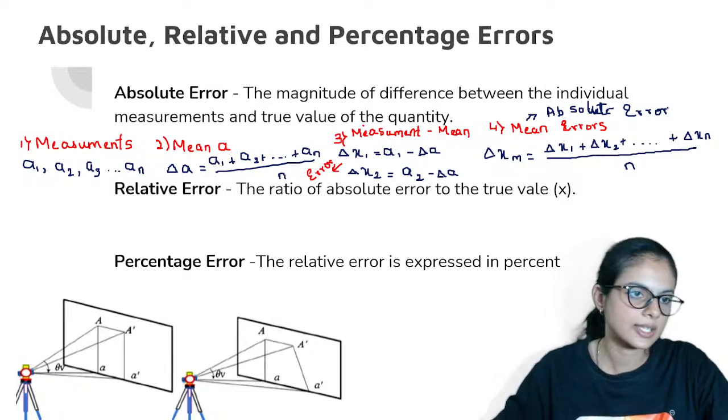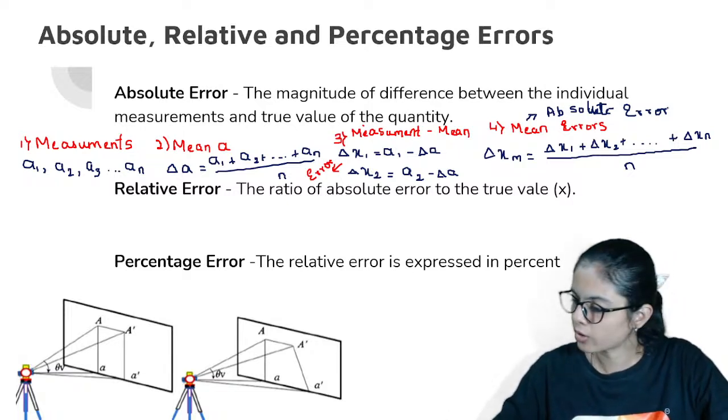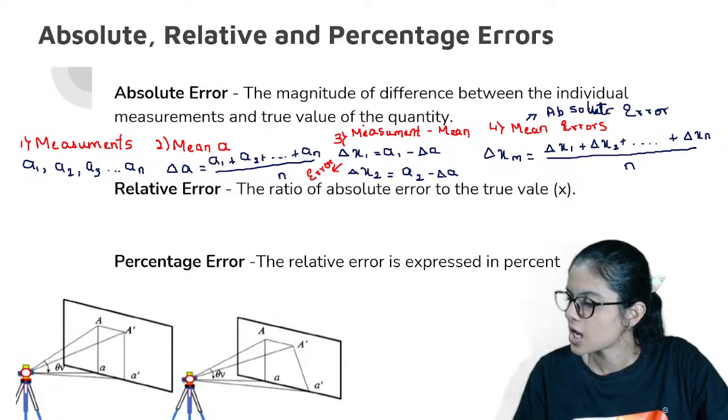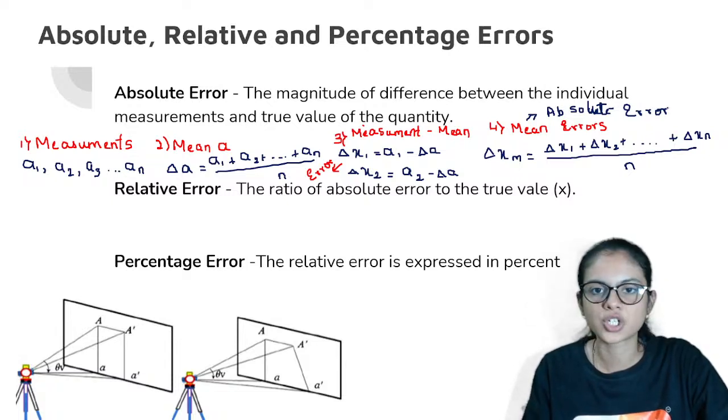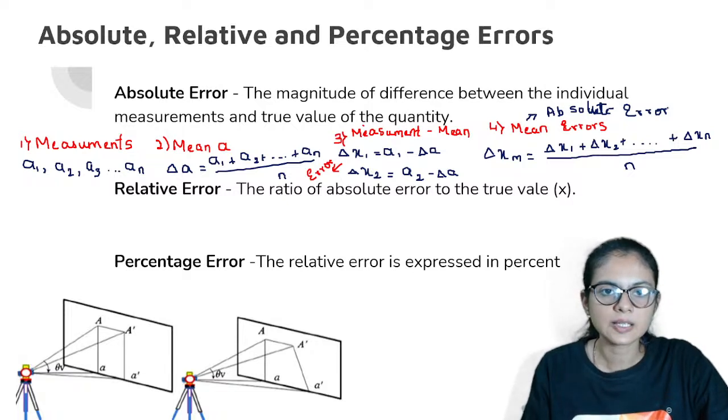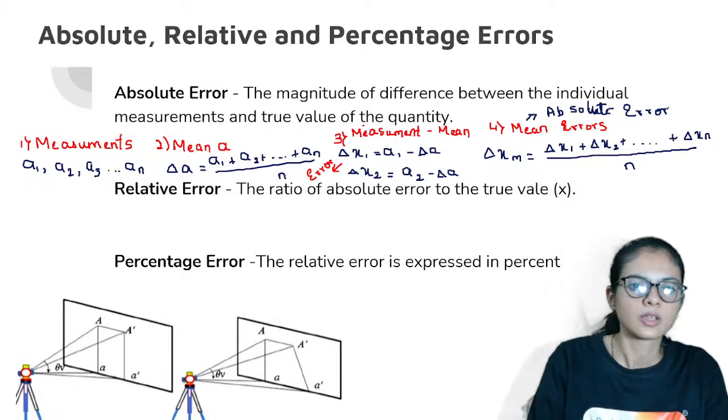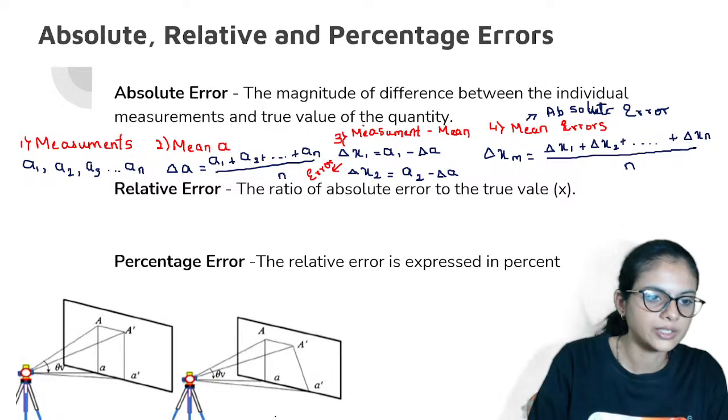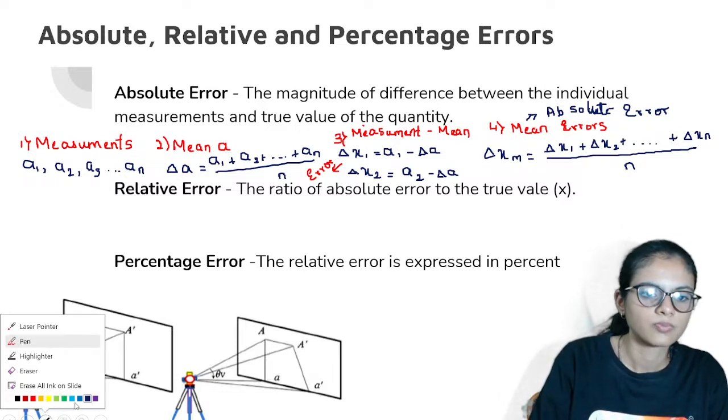Okay, just a second. Here I want to correct a thing. Absolute error is nothing but measured value minus true value. Okay, let me clear here. I have combined these two things.